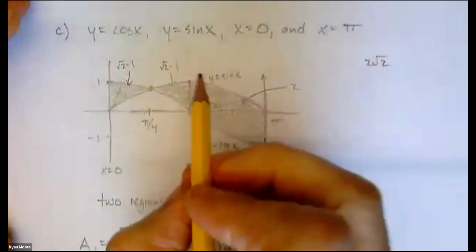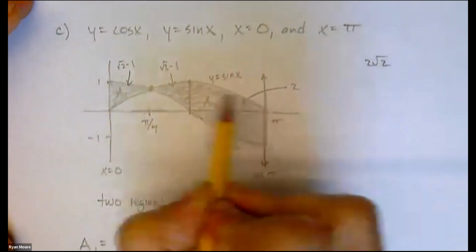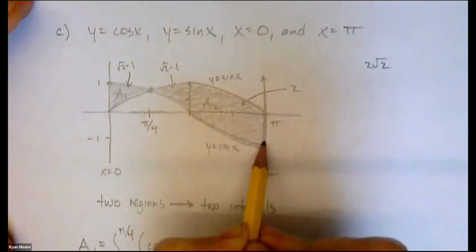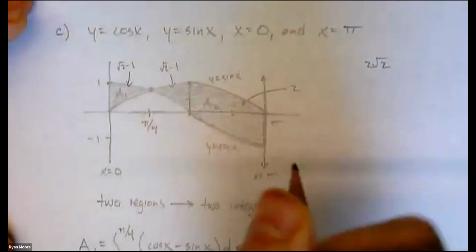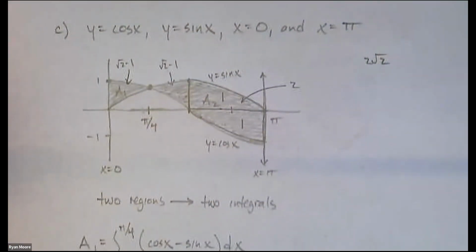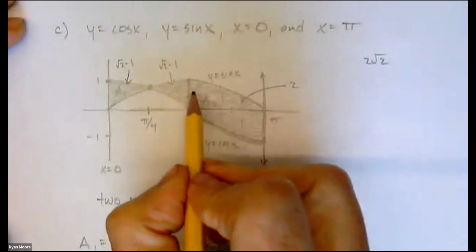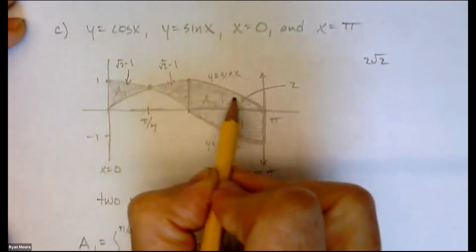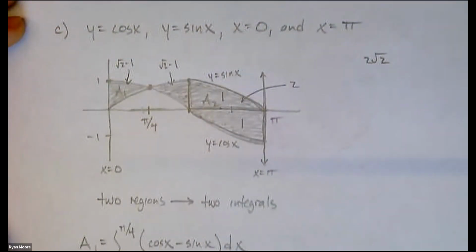Okay, what's the big deal? What's each one of these then separately, right? There's like a top half and a bottom half that are identical. If the total is 2, then this is 1 and this is 1. Think about that. This shape right here is exactly 1 unit. What is that?